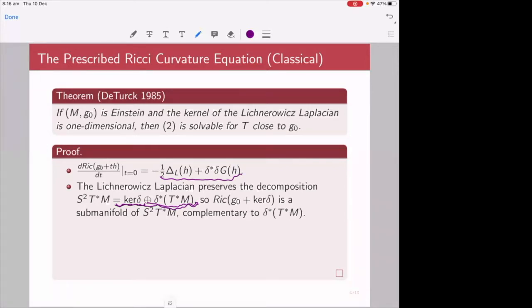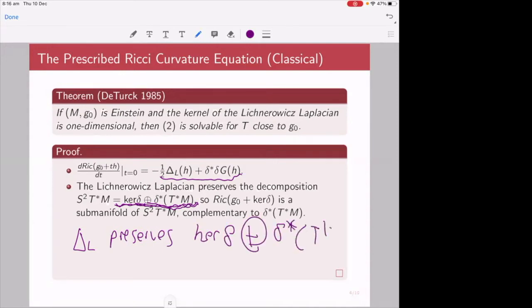Now, why is this decomposition so useful? Well, if we happen to be at an Einstein manifold, then the Lichnerowicz Laplacian actually preserves this decomposition. This is just a computation involving lots of commuting of derivatives. So yes, because our reference metric is Einstein, it turns out that the Lichnerowicz Laplacian respects this decomposition.